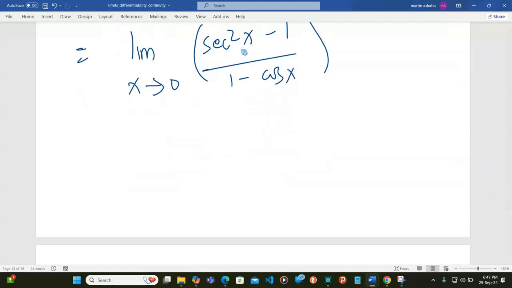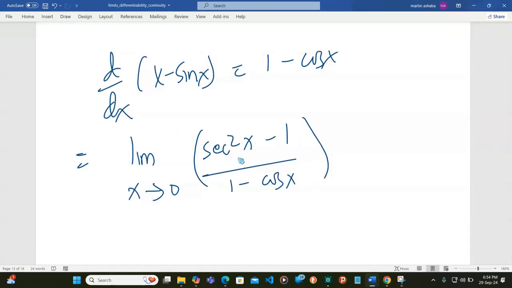So we need to find the derivative of this. We are saying we need to take a second derivative here.